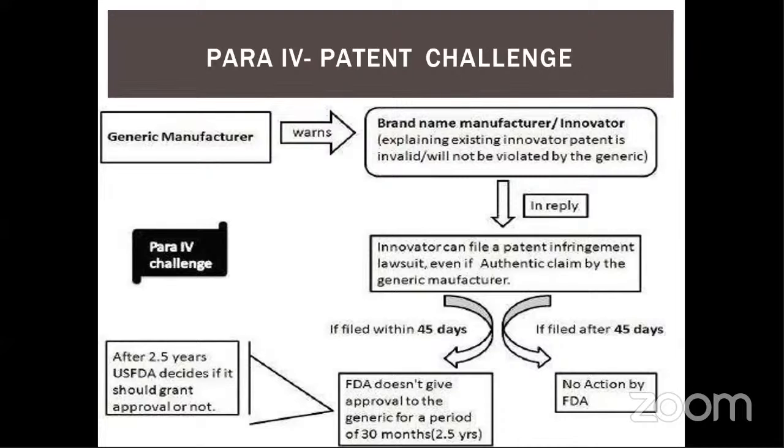And if filed after 45 days, then no action by FDA. Okay. So after completion of 2.5 years, that means 30 months, what will happen? After 2.5 years, US FDA decides if it should grant approval or not. Okay, so that is the process.